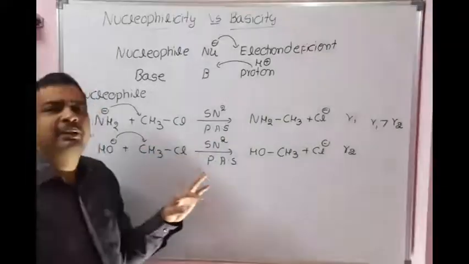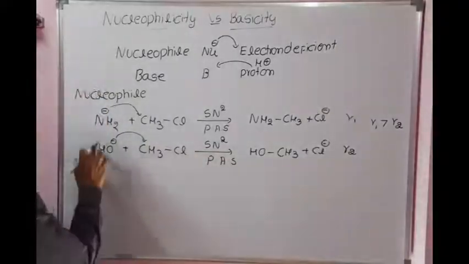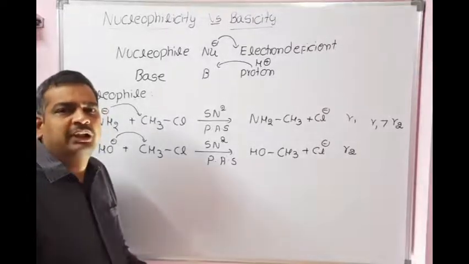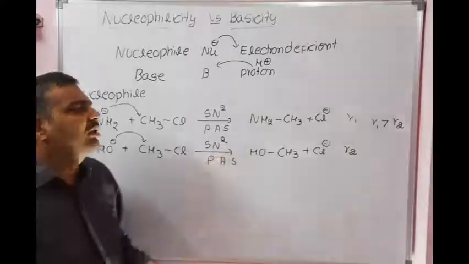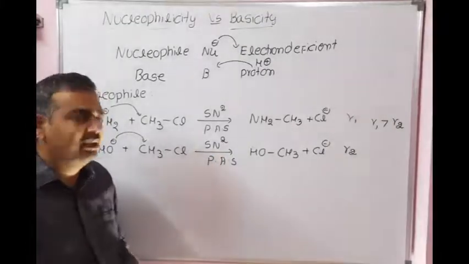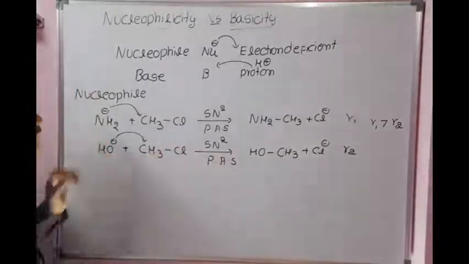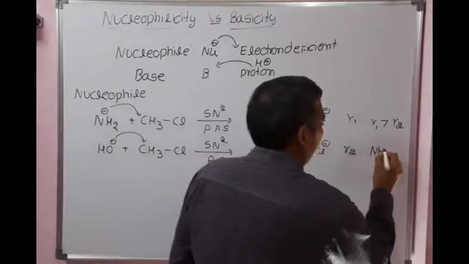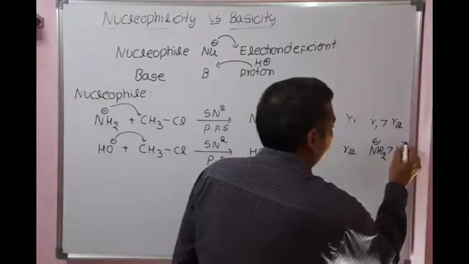The first reaction completed more, which means its rate of reaction is more. The meaning is that this reaction will complete fast, and the nucleophilicity of NH2 minus is more than the nucleophilicity of OH minus.